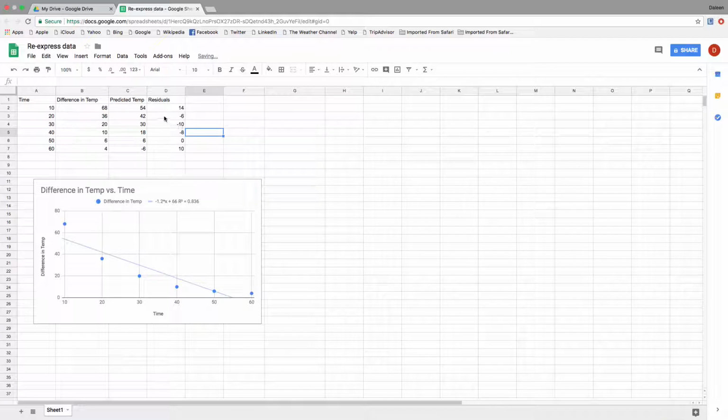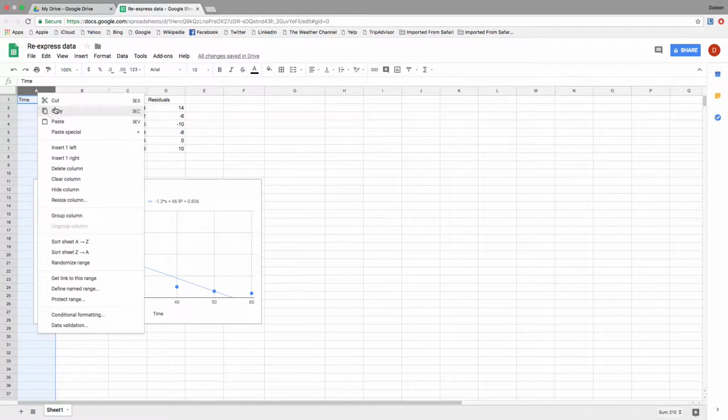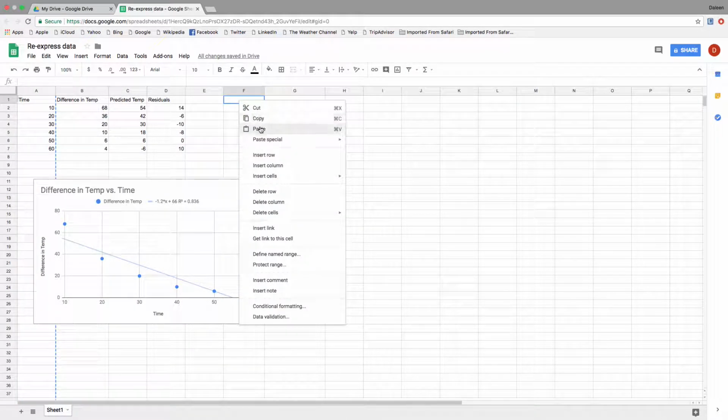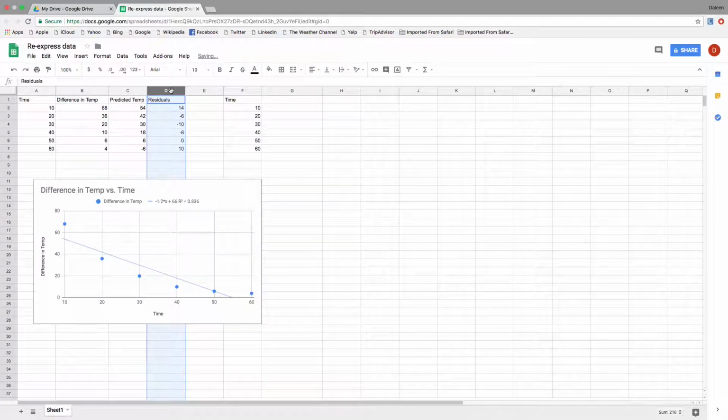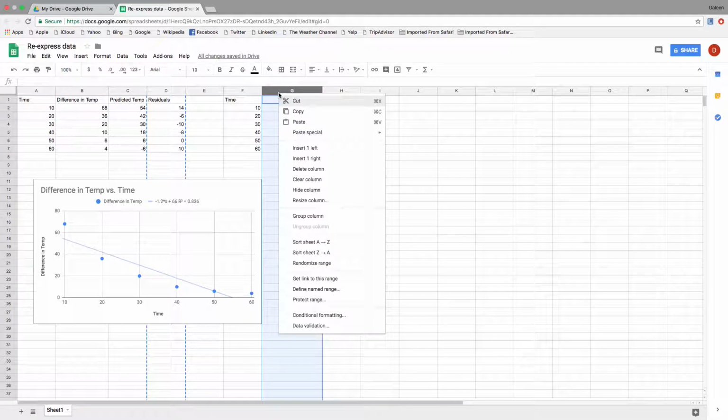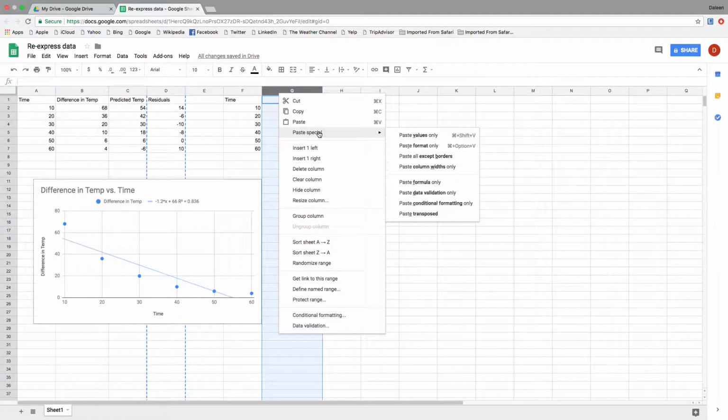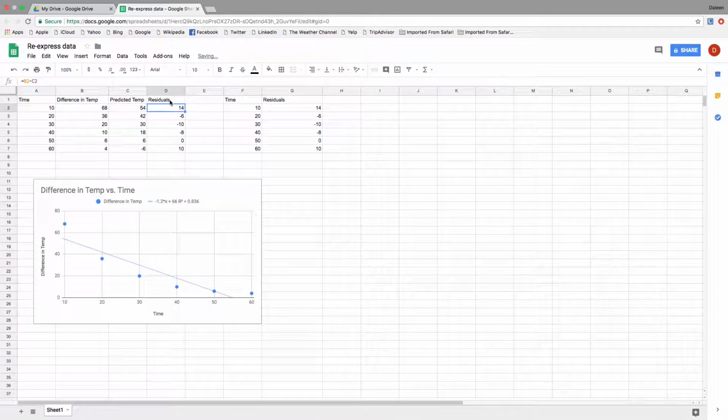So now to make a residual plot, I'm going to copy the time here, and then I'm going to copy the residuals here just so they're next to each other. And be careful to paste special and paste values only, because there's a formula here. So if you paste it here, it's going to change stuff. So notice that these numbers are the same.